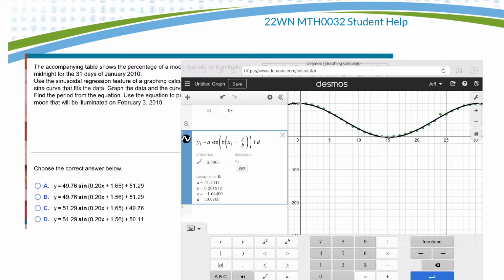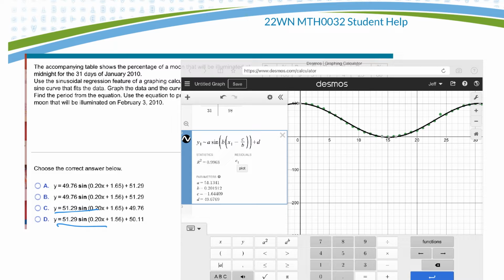Oh, they're a little bit out. So it's one of these two here. So it's either this one or this one, and then 1.65, and I've got about 1.64, so it's pretty close.